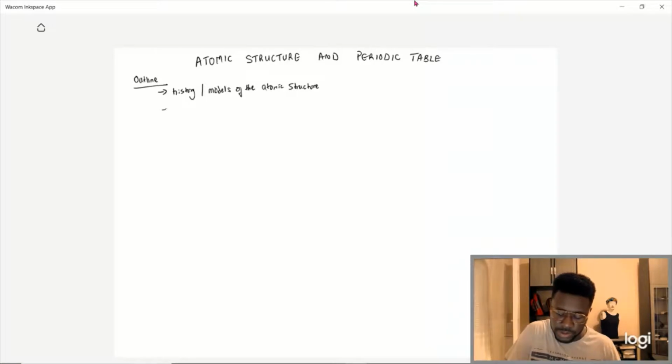Then we are going to talk about the atomic spectra, also called the line spectra. Then we are going to talk about the quantum mechanical model of the atom.